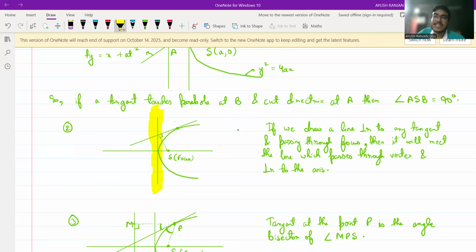Here the y-axis you all call, but you cannot call it the y-axis.